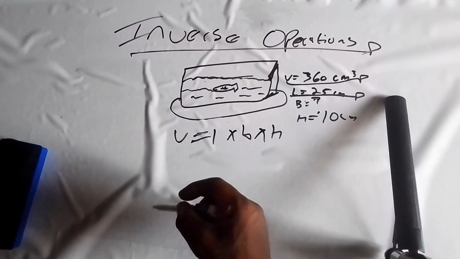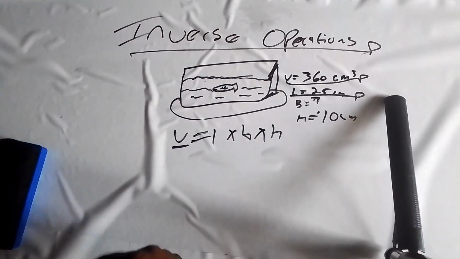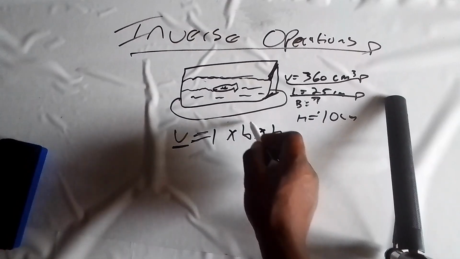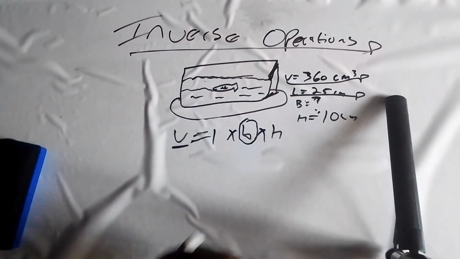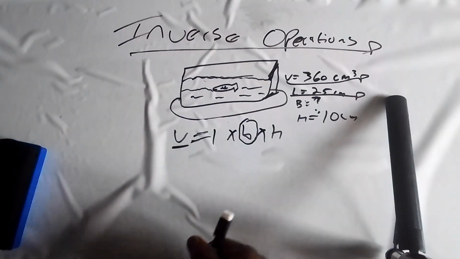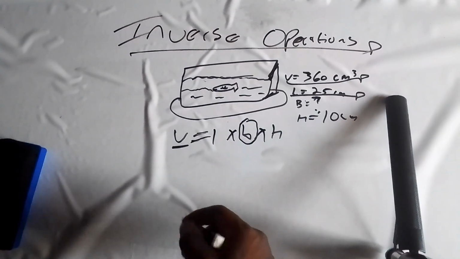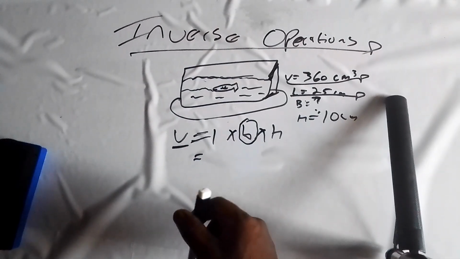But now what happens when the subject, or what we are calculating, is not the volume? What happens if the subject is different? Then we will have to manipulate the formula or use inverse operations. So here, let me show you how we do this.